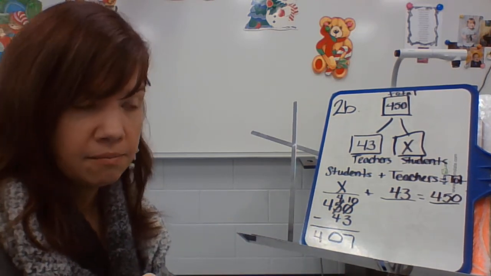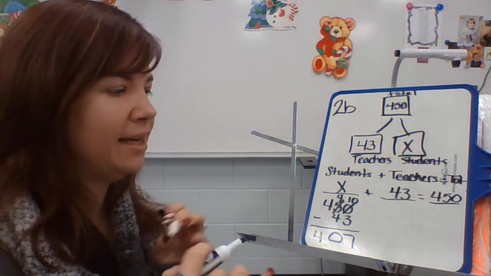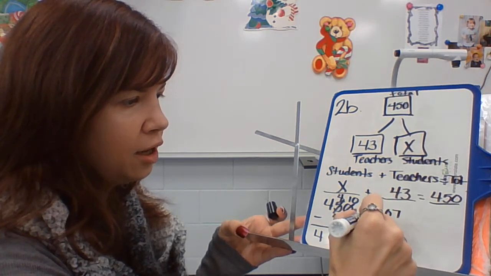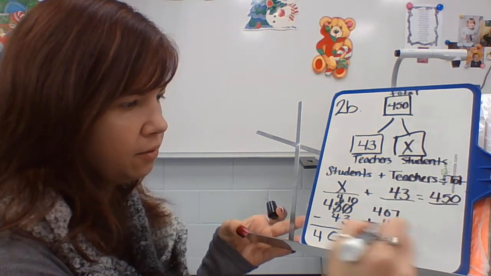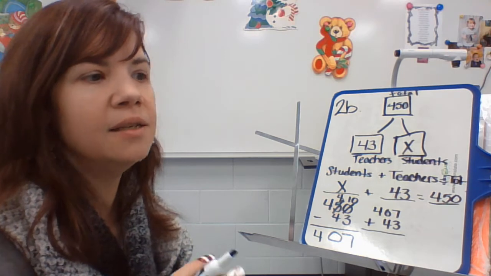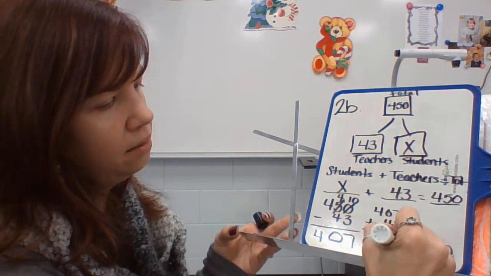407 students. Okay, before I write that and just stop, I'm going to work backwards and check and make sure that that is correct. So 407 students plus the 43 teachers. Let's see if that equals and fills us up with the 450 seats we need to. 7 and 3 equals 10.